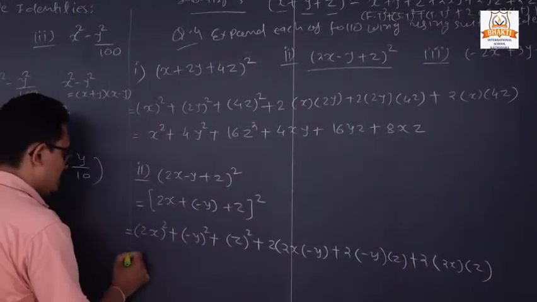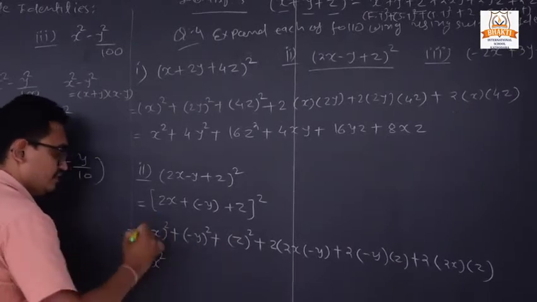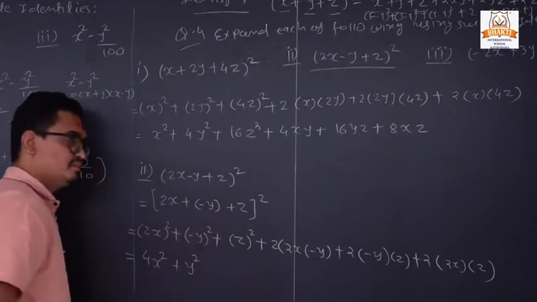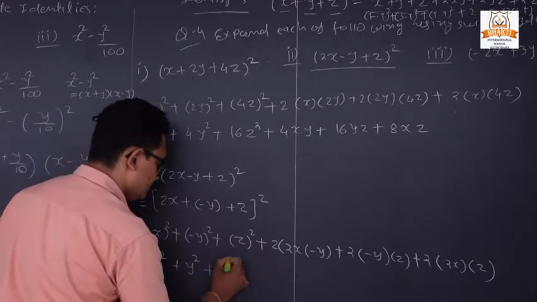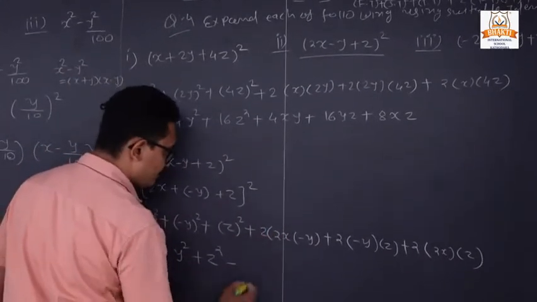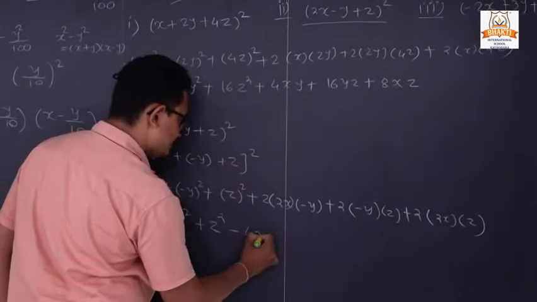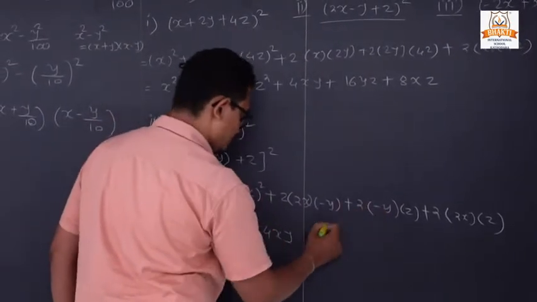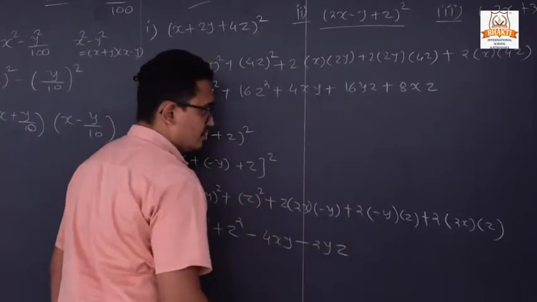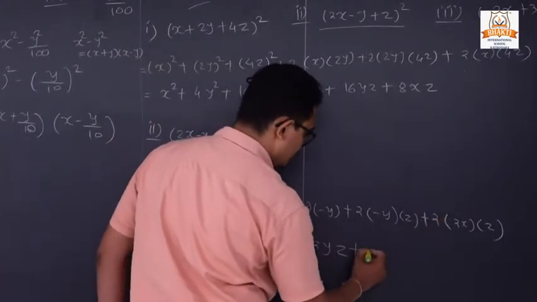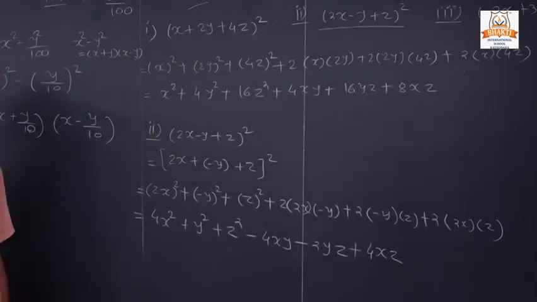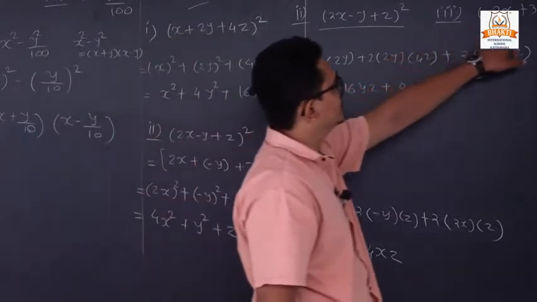So the answer is 4x square, then minus square will always be plus, z square, then plus minus becomes minus, 4xy, once again plus minus minus 2yz, once again plus 4xz. That is its answer.